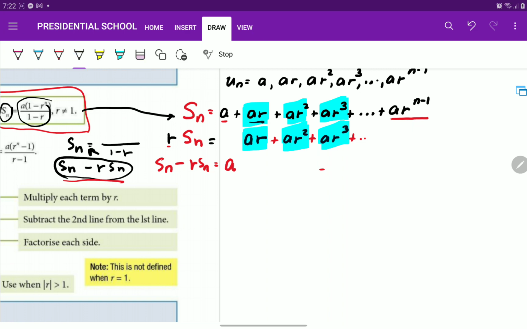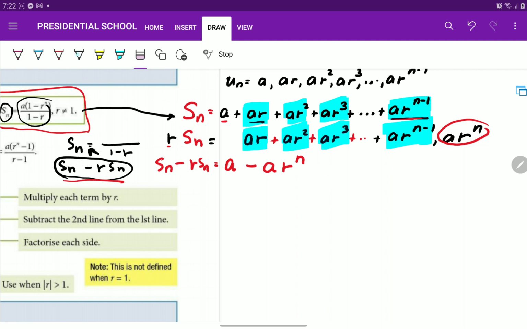So this one also will be 0. Therefore, this now will be your last term, so that's going to be, oh sorry, minus ar to the n.